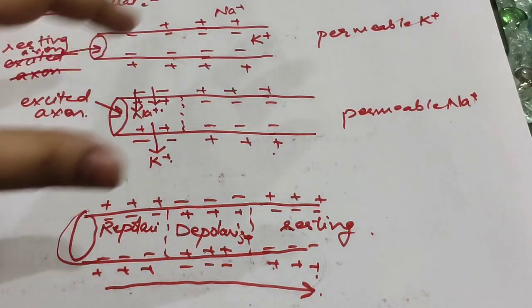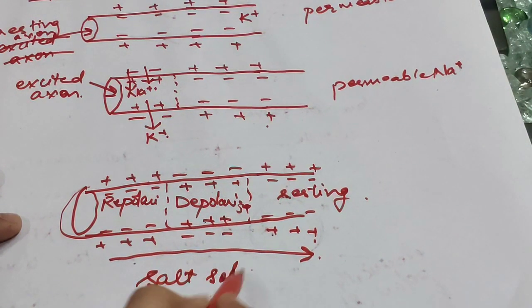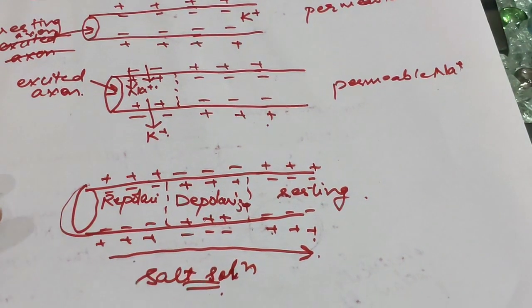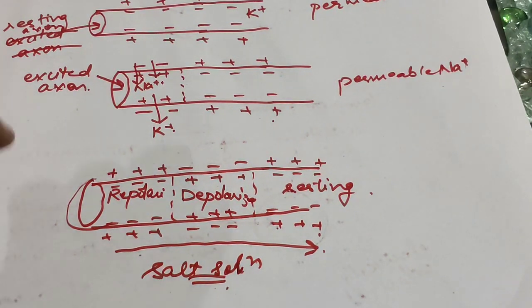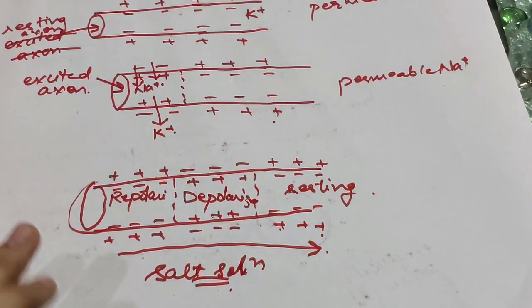They saw amazing behavior of the neuron: the axon containing the salt solution still conducted the impulse, and conducted several hundred to thousand impulses. So this shows that the axoplasm plays no direct role in the conduction of impulse, rather the axon membrane plays a direct role in the conduction of the impulse.